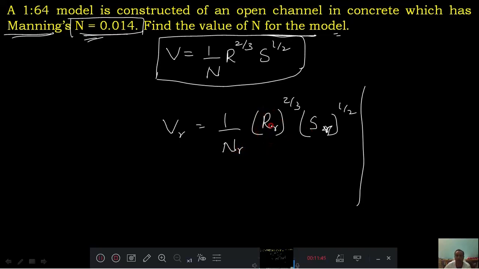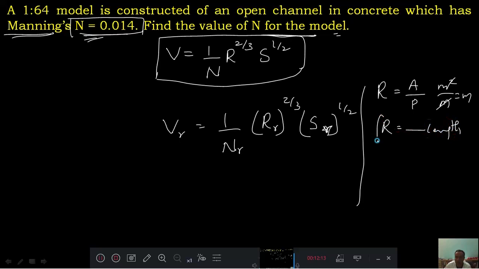Then here this R is called the hydraulic mean depth. Hydraulic mean depth means the area divided by the wetted perimeter, we will see this in the next model. But here the area is in meter square and the wetted perimeter is in meter. Therefore meter will be left, which means this R is a length.